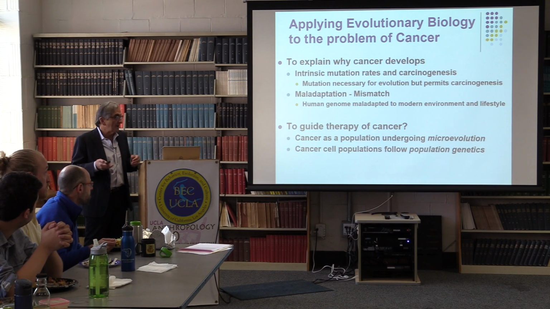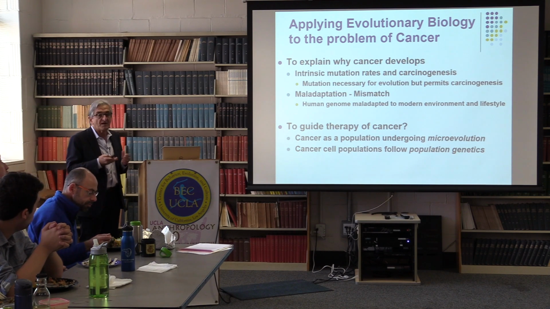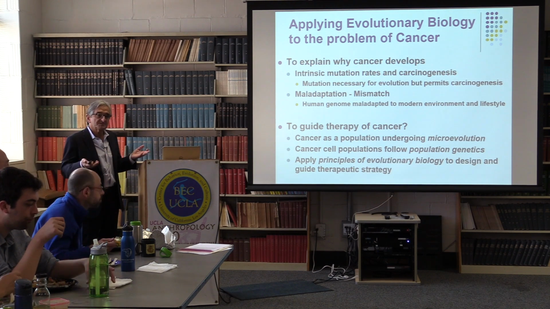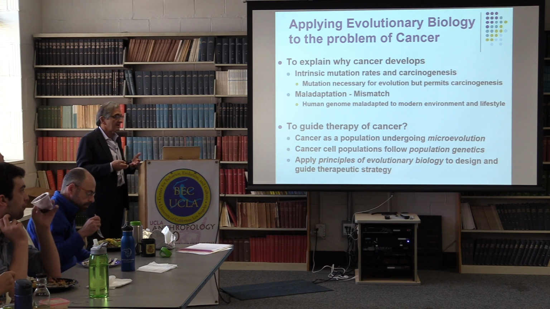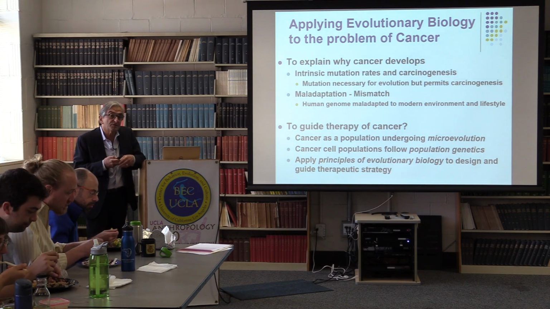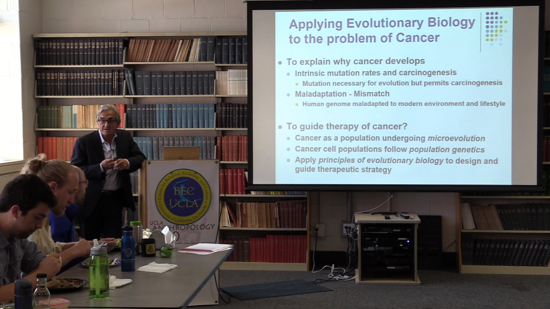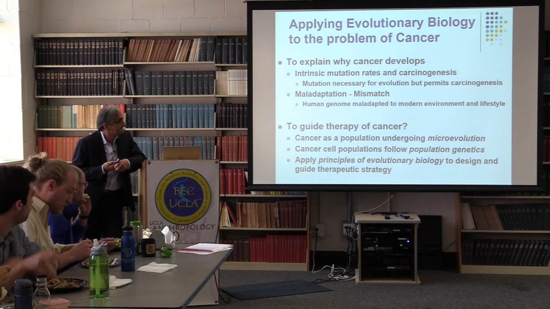And as any biological population will do, it will follow the rules of population genetics. And so what I'd like to talk to you about in the next few minutes is how one might go about applying the principles of evolutionary biology to design and guide a therapeutic strategy. If we were curing every cancer that came through the door, we wouldn't need a new strategy, but clearly we're not.